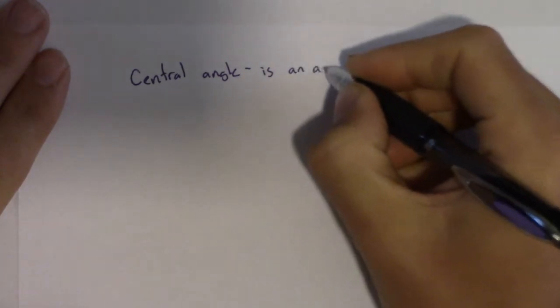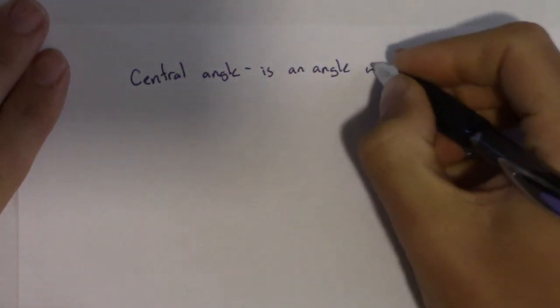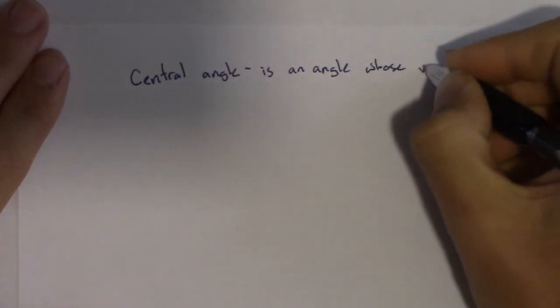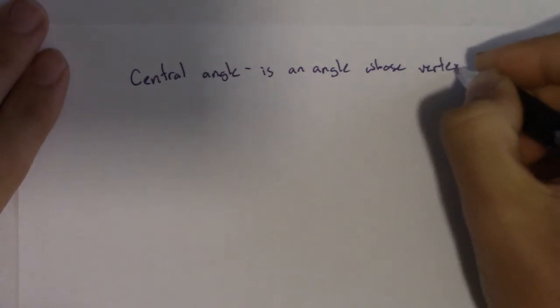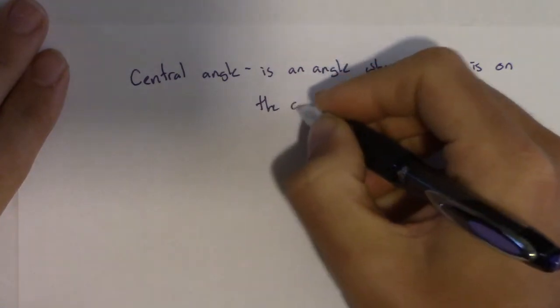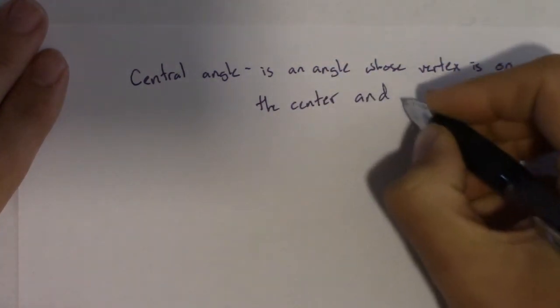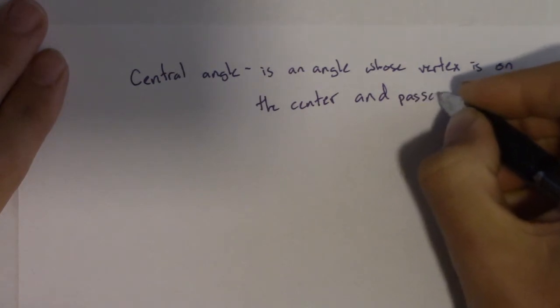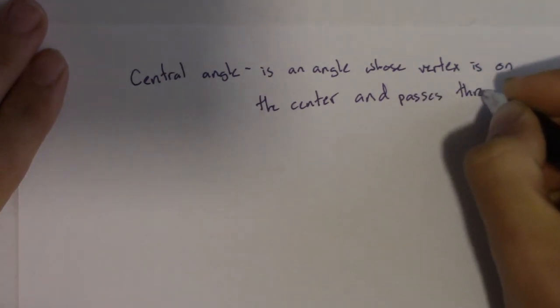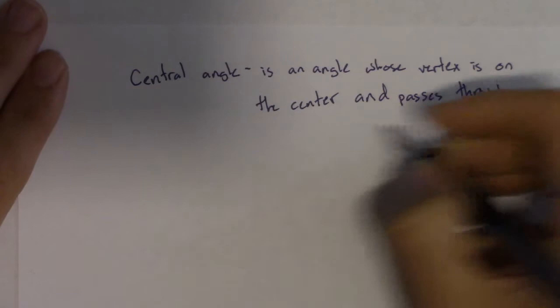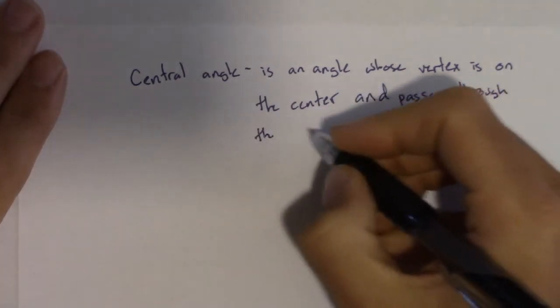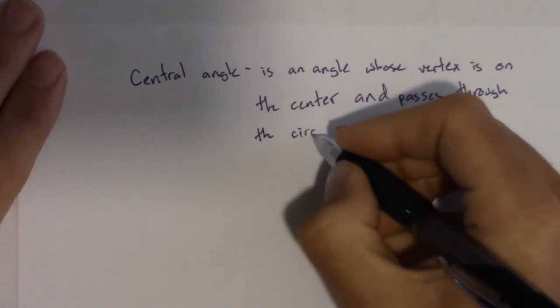is an angle whose vertex is on the center and passes through the circle.